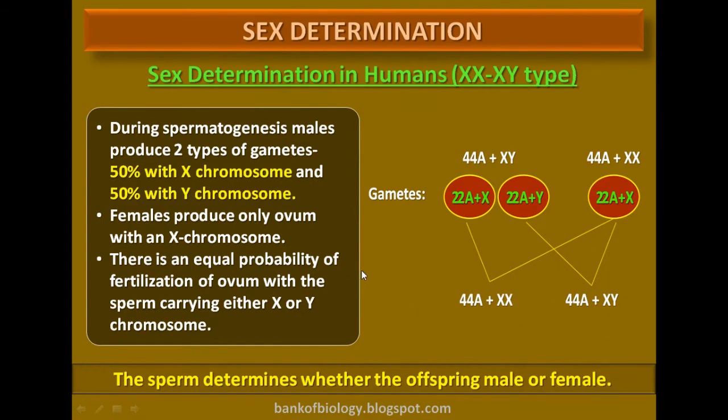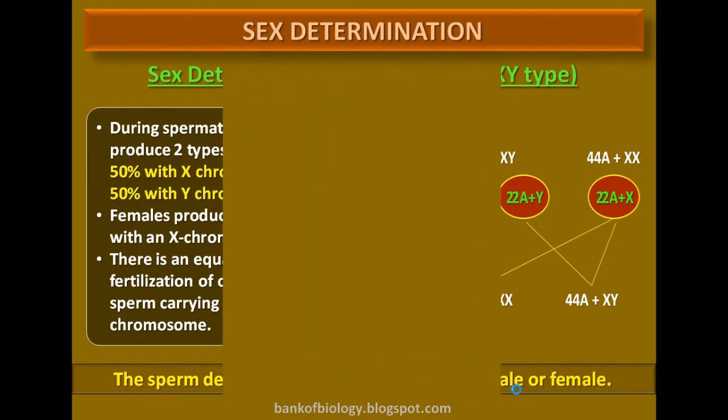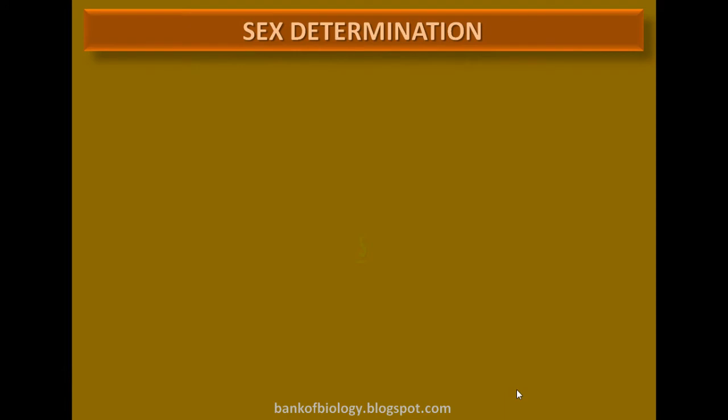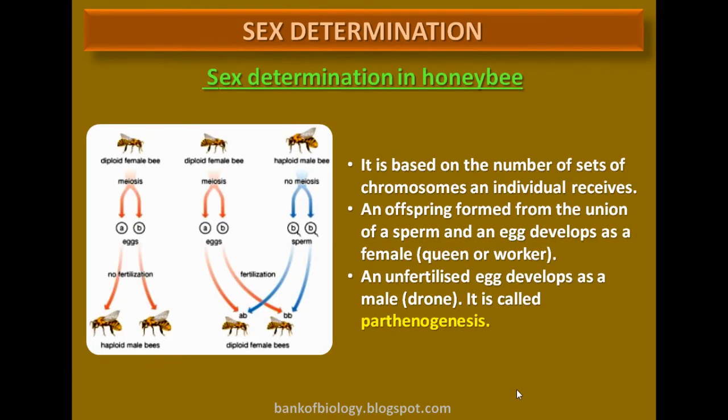So there is equal probability of fertilization of the ovum with X or with Y, and the sperm determines whether the offspring will be male or female. We should always know that males are responsible for determining the sex of a child in humans.